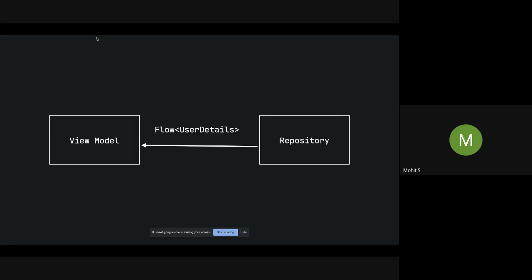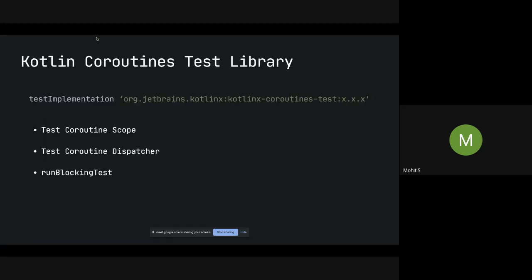And we have a very simple use case from an Android perspective of a repository and view model, these two components. So how do I unit test each of them? Let's start with unit testing our repo. In order to use the coroutines testing library, you put this URL into your build script with some specific version, and then it provides you with a scope and a dispatcher just for running tests.